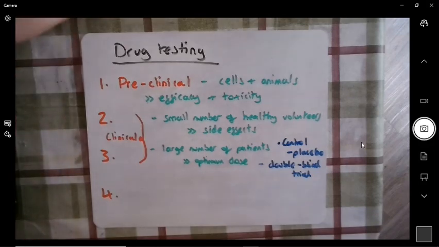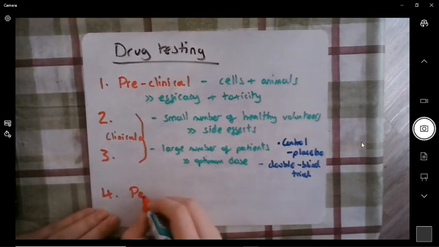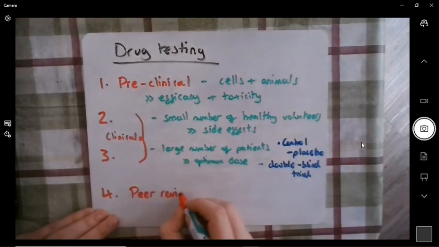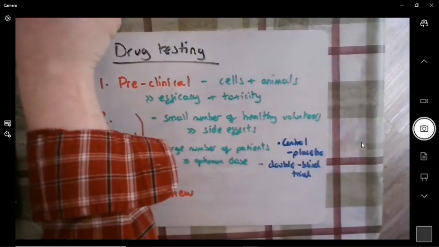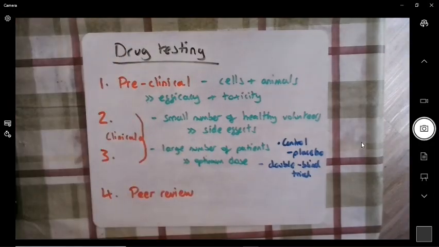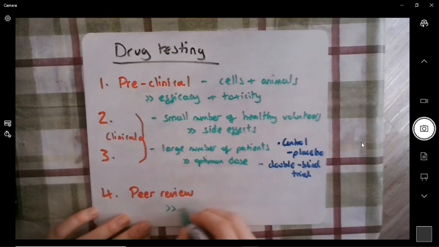The final stage is peer review. And this will be done by a highly independent body, not the government, not the drug company. And what you're doing by having a peer review is ensuring that there's no bias.